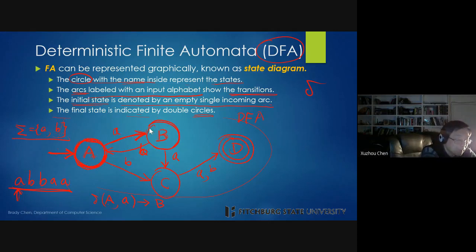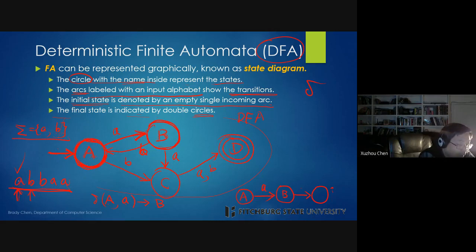Now we're going to the second one. Now the state is B in the finite state machine, and the input is B. So what's the next state? If I draw this diagram, the initial state is A, and because the first input is A, I go to B. Now I check the input value.